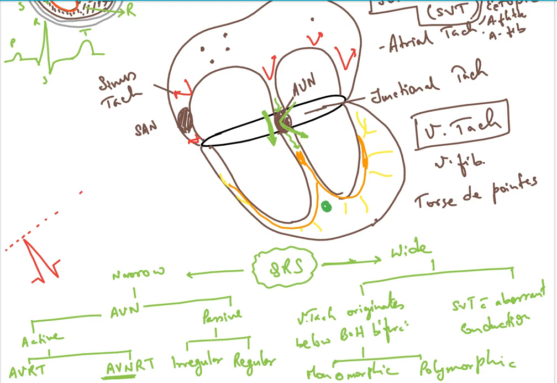So this is the height of R, this is the height of Q, and this is the height of S. So for everyone, QRS narrow means only this is QRS narrow.